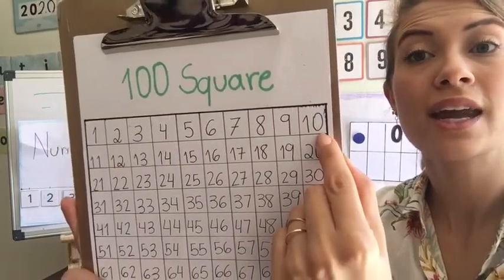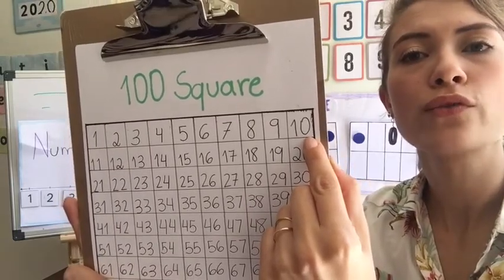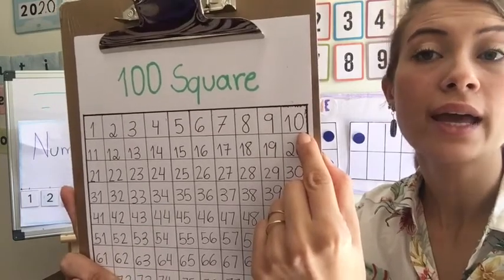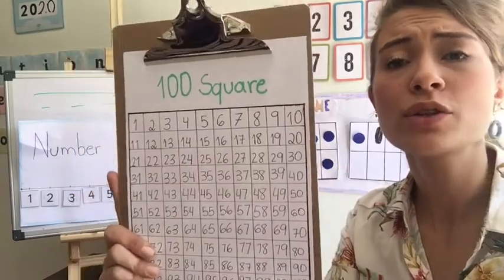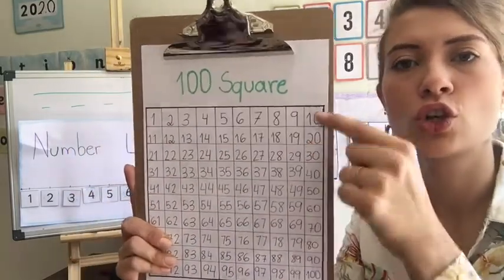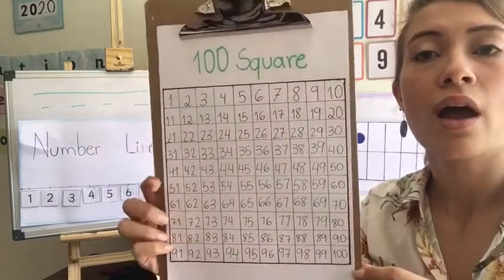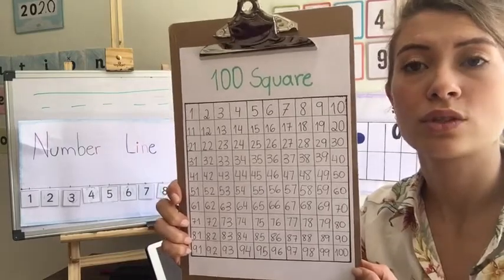Okay, and then we are going to color all of the numbers that end with the number 0. Okay, I'm going to give you some minutes to look at all of your 100 square, and we are going to color those numbers together, okay?